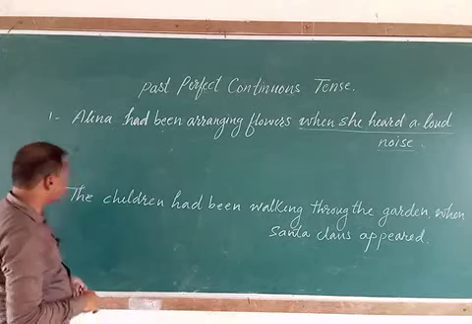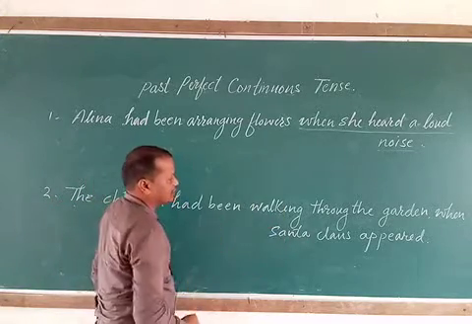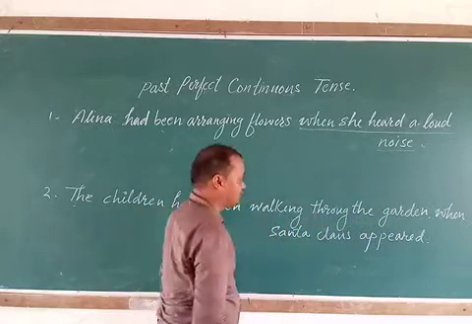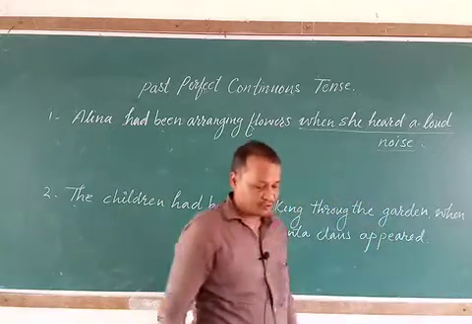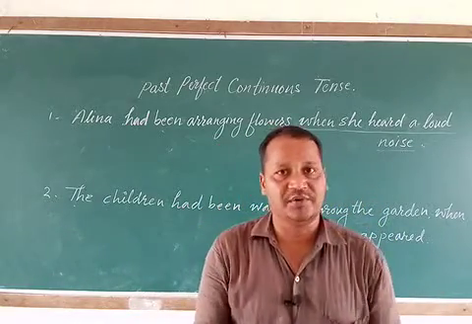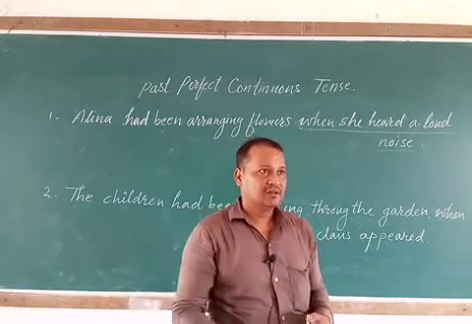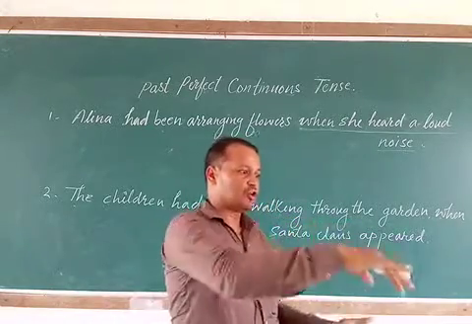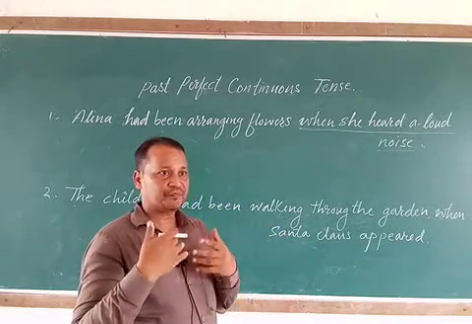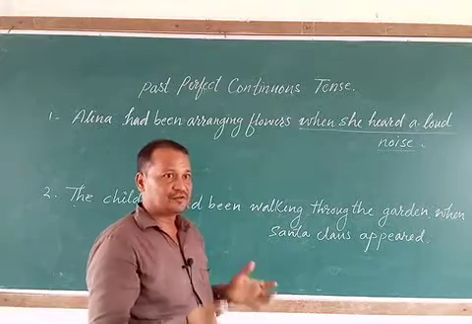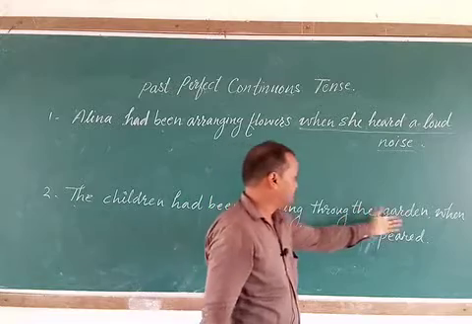You can see the other example. The children had been walking through the garden when Santa Claus appeared. If someone asks you when Santa Claus appeared, the answer would be when the children had been walking in the garden. It means the walk of the children in the garden had started before that.